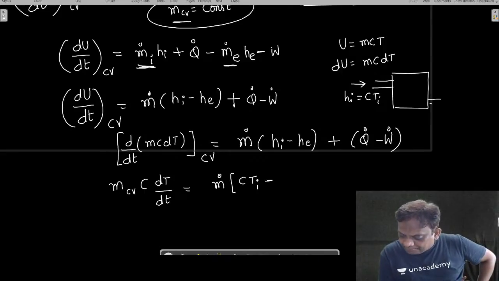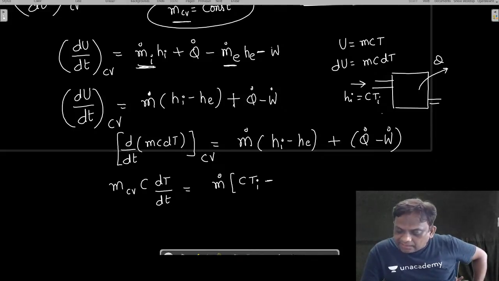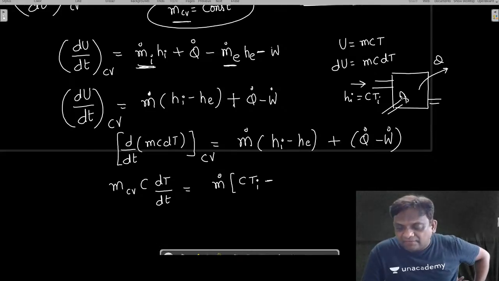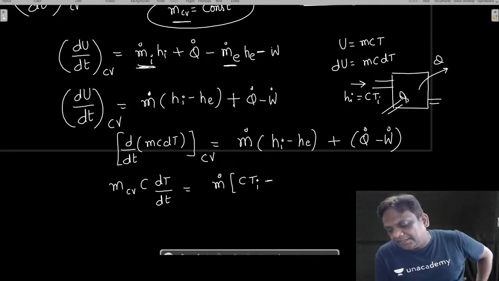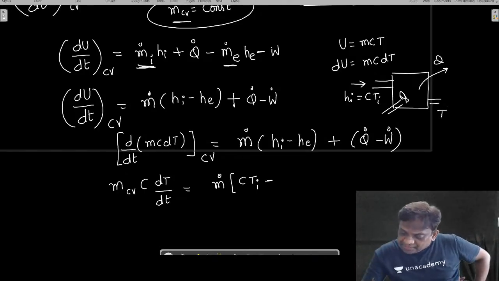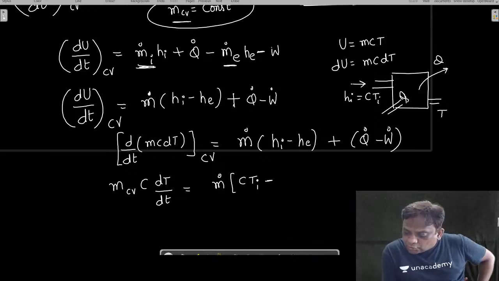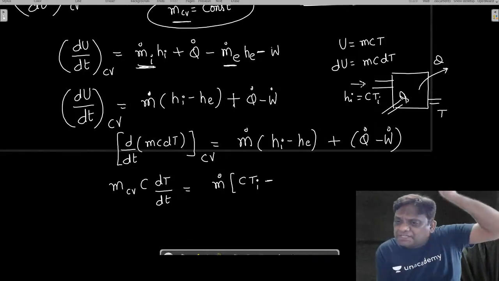Please note down that you are taking out some heat and there is some work. There is some heat interaction, there is work interaction. So the fluid which is leaving, its temperature changes because there is energy interaction. Please note down that the fluid which is entering, it is entering at a constant temperature of 45.